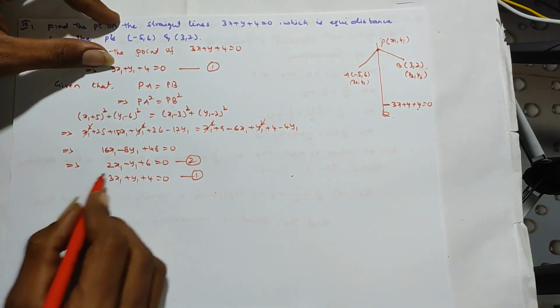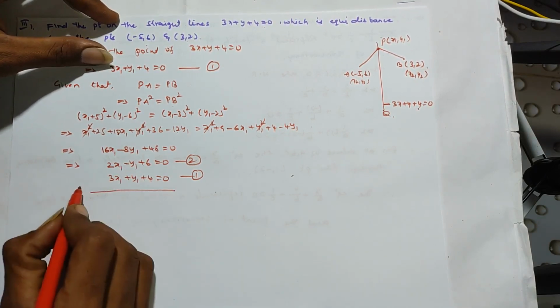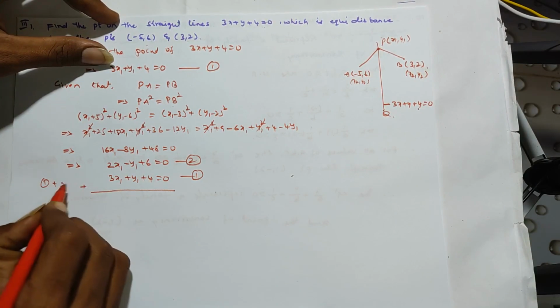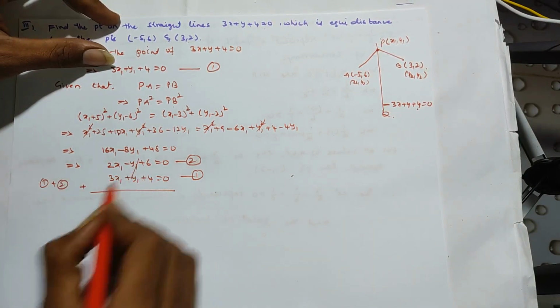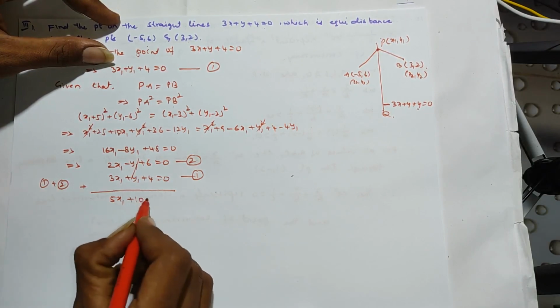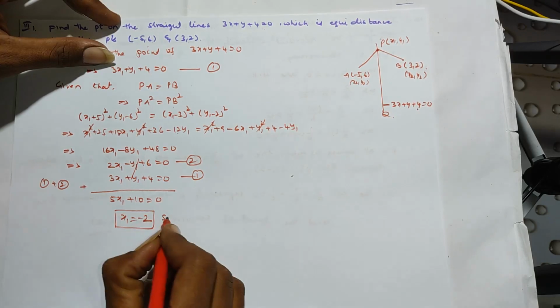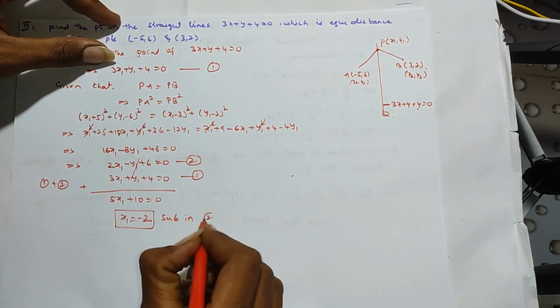See, y1 gets cancelled here. I am adding both the line equations, 1 plus 2, y1 gets cancelled. Here 5x1 + 10 = 0. Then x1 = -2. Substitute in any one. I am substituting in 2.